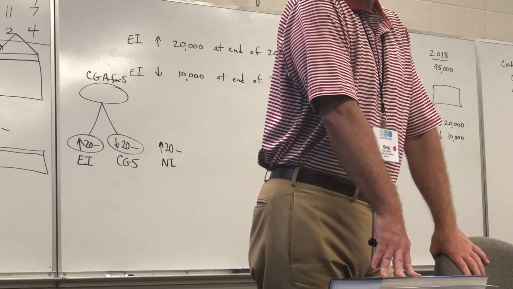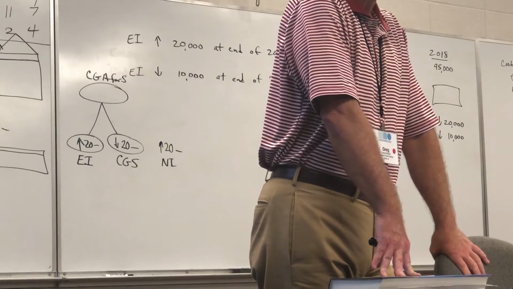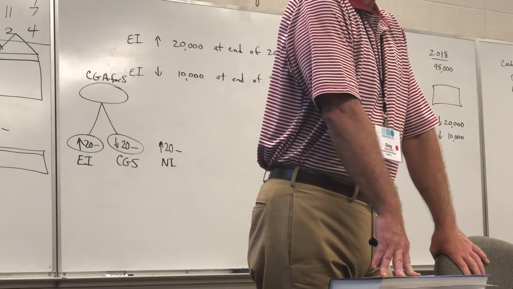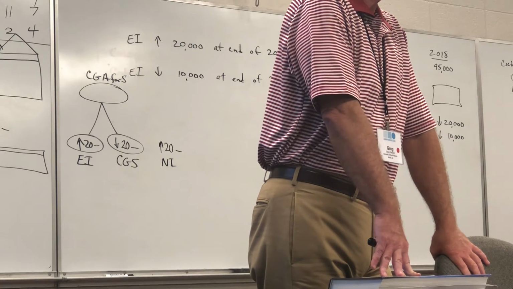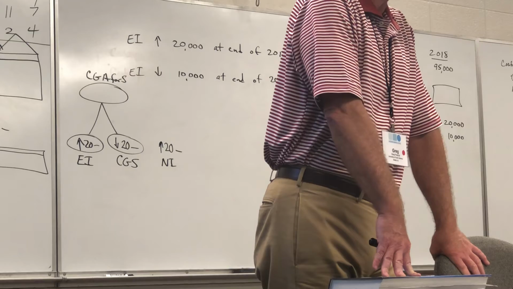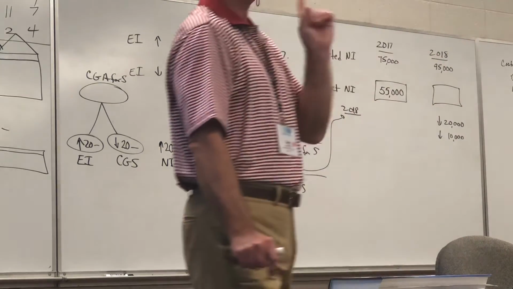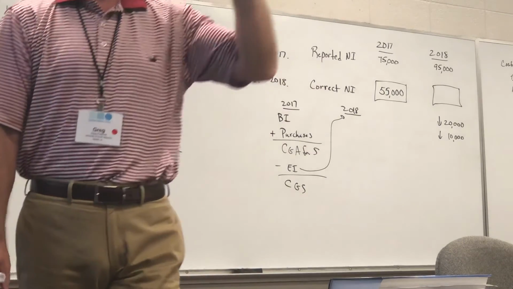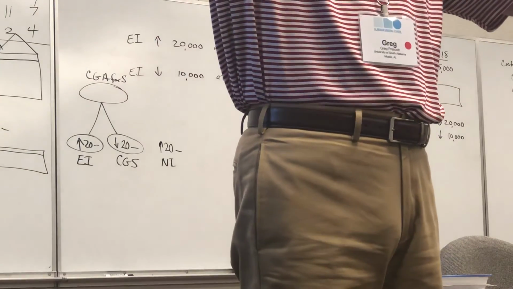When you do the Gleim questions from this chapter, and you will be responsible for the Gleim questions, you're going to see inventory errors. And you're going to have to figure out what's happening. Okay? So you got to be able to think it through. So here are the two things you got to remember. As ending inventory goes, so goes net income.